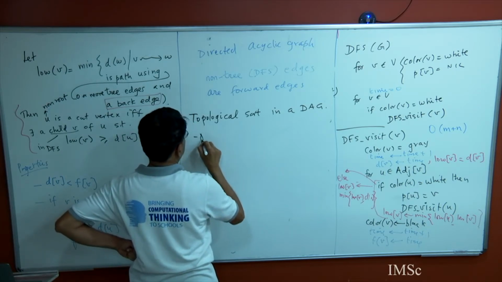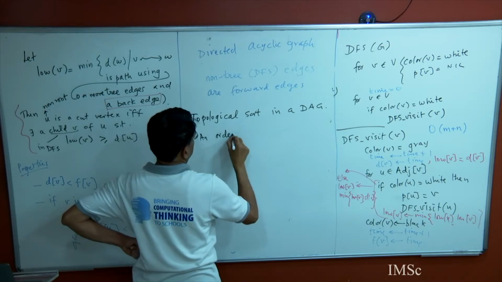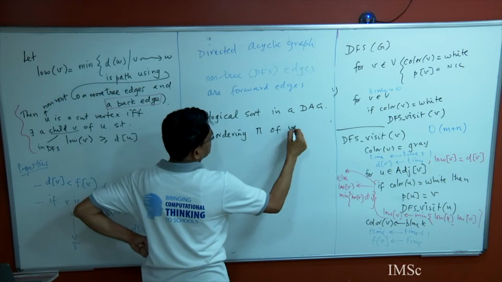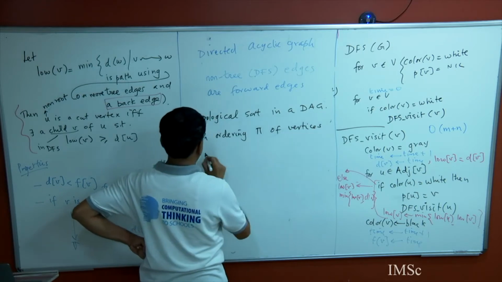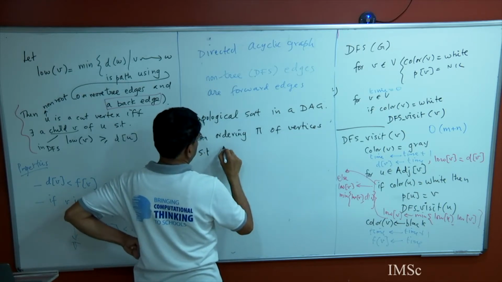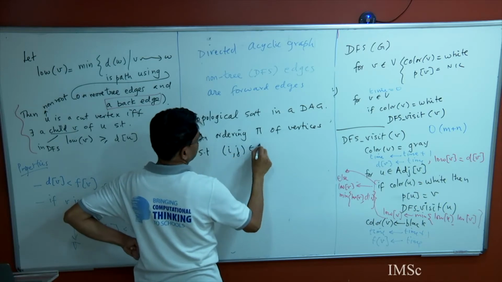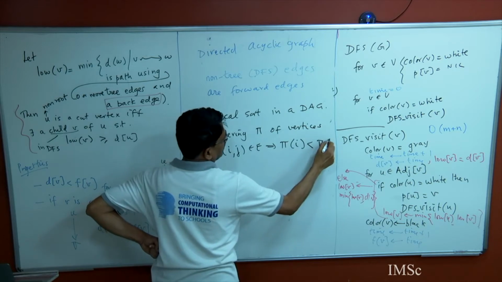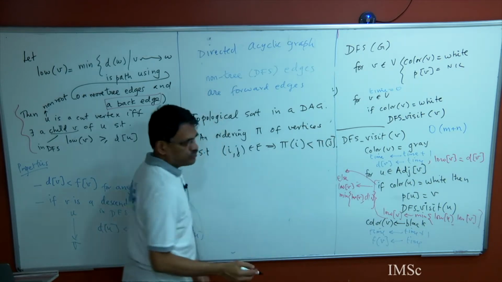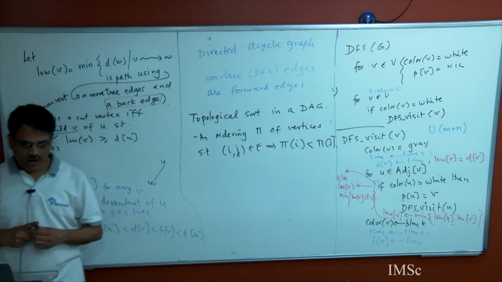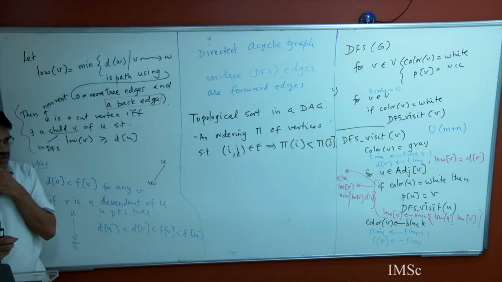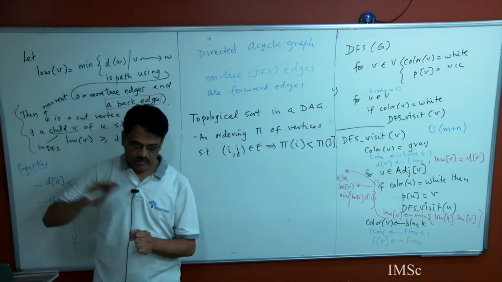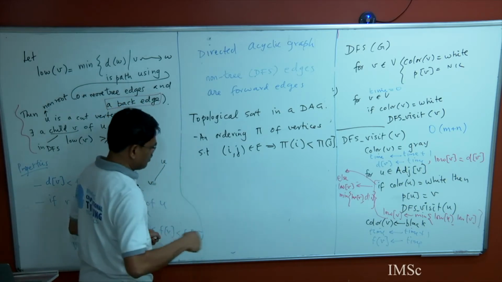This is an ordering pi of the vertices such that whenever there is an edge, the edges are going forward. You can organize the vertices in a way that any edge goes from left to right in the order. Okay, so let's look at an example.